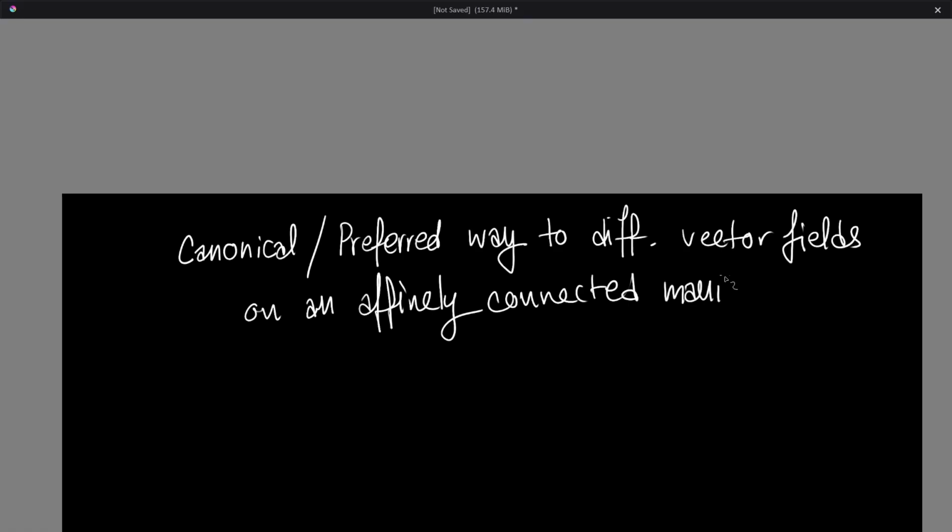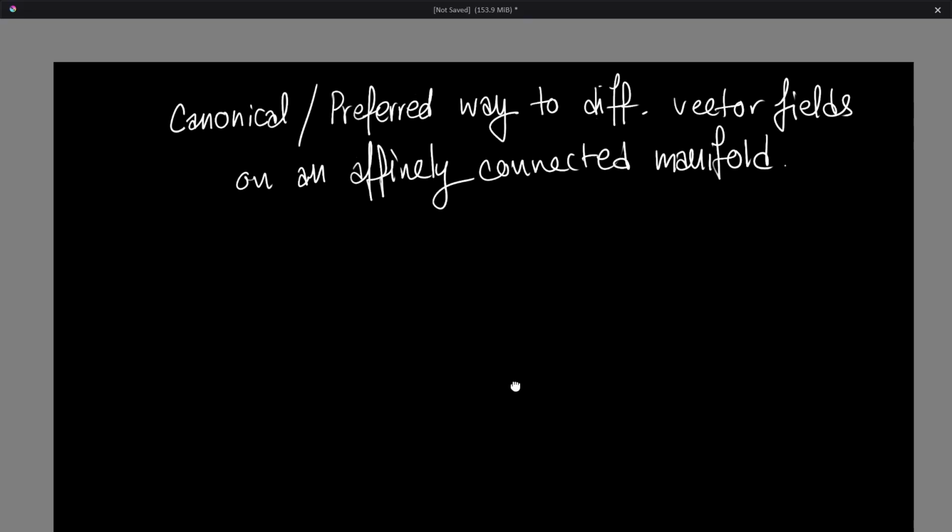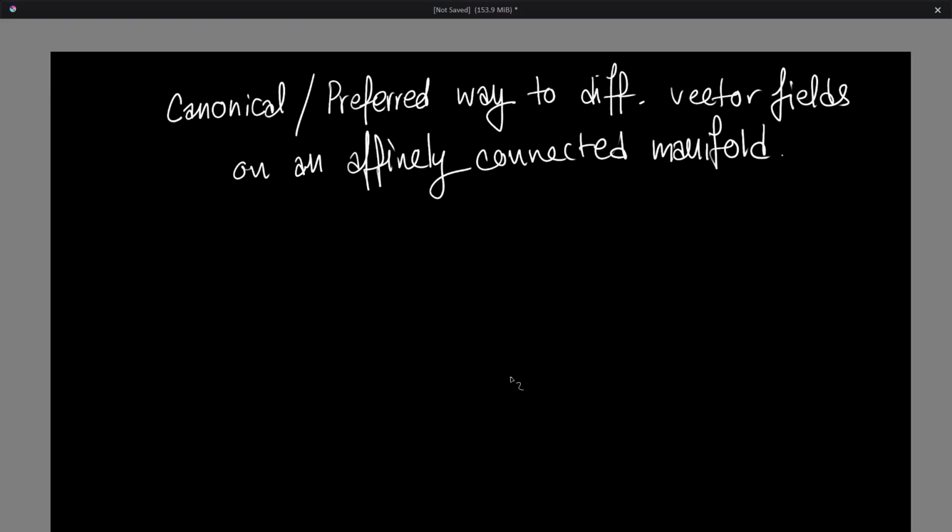Obviously, the connection has to be on the tangent space, or else all of the tensors that we're defining are not going to be connected to each other. Because we're specifically looking at tensors that are defined over the tangent bundle.